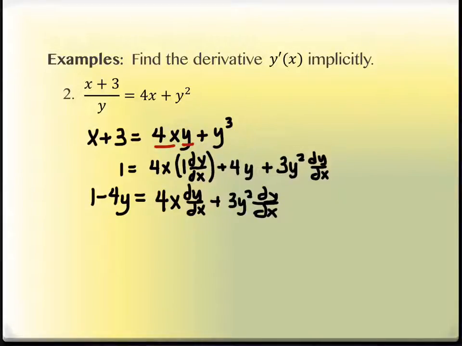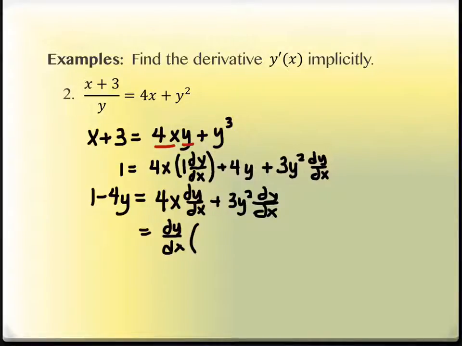Any guess as to what we might do next? Take out the dy dx. Very good. We're going to factor out the dy dx. That's why we moved everything that didn't have it. We want the dy dx separated somehow, and we can do that with factoring. So we're going to take the dy dx out by factoring.